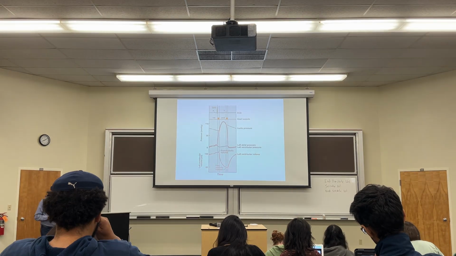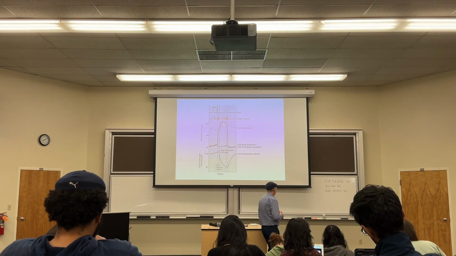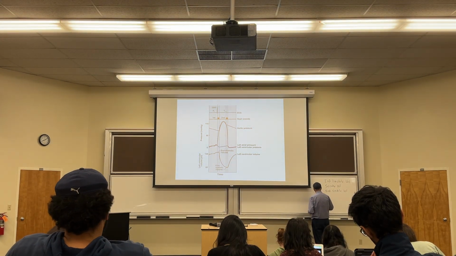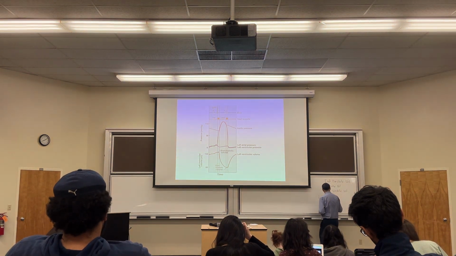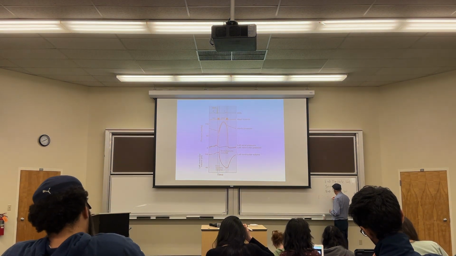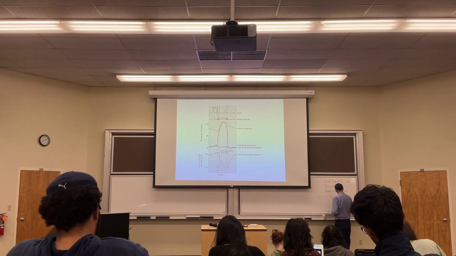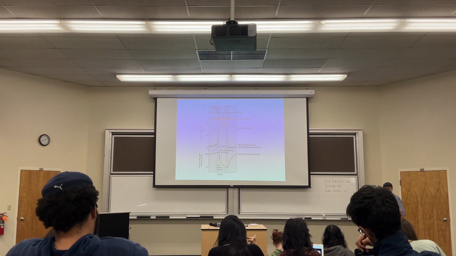So we can make an equation: the end diastolic volume equals the stroke volume plus the end systolic volume.